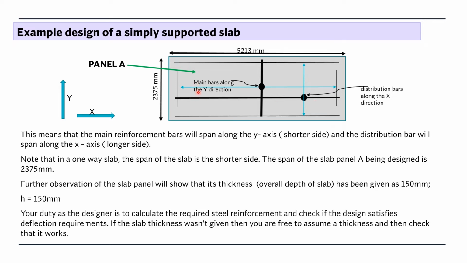So for a simply supported slab, note that in a one-way slab, the span of the slab is the shorter side. The span of slab panel A being designed is 2,375 millimeters. Further observation of the slab panel will show that its thickness, that is the overall depth of the slab, has been given as 150 millimeters.